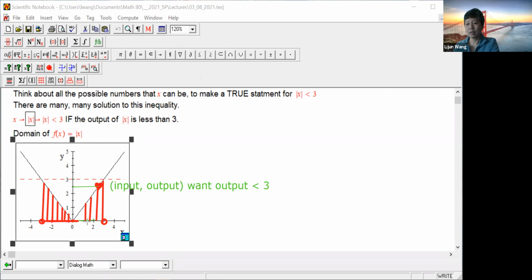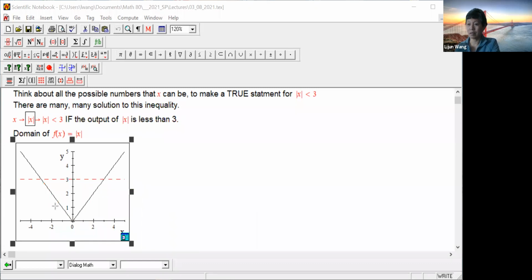In between, all of these inputs will give us less than 3 output. You follow me? Input, output. So all of these numbers.